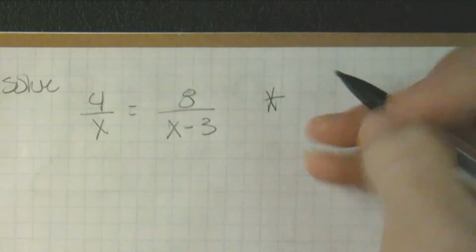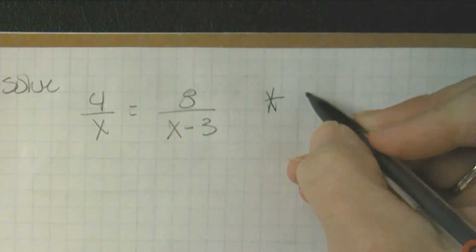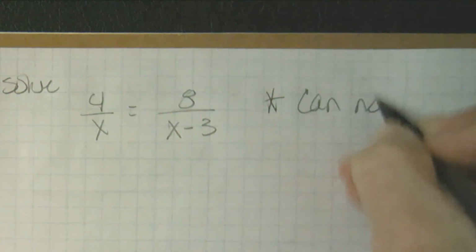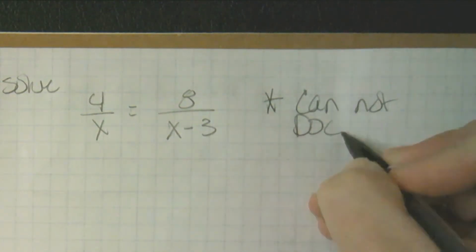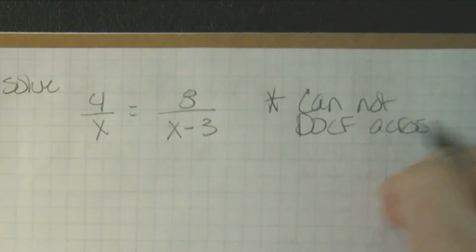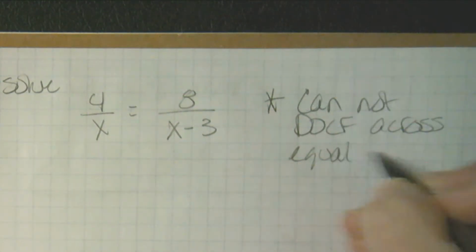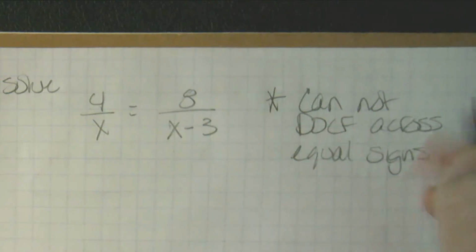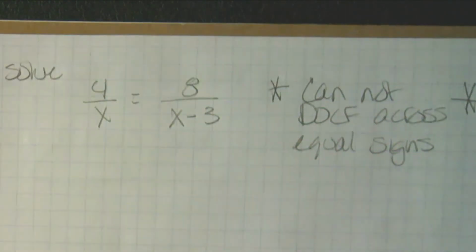Although here you probably wouldn't do it, I want to make sure I tell you this. You cannot divide out common factors across equal signs. Now on this one you probably wouldn't have thought to anyway, only because the 4 and the 8 are both in the numerator, but I want to make sure I tell you that again. You cannot divide out common factors across equal signs. All of you finish this.